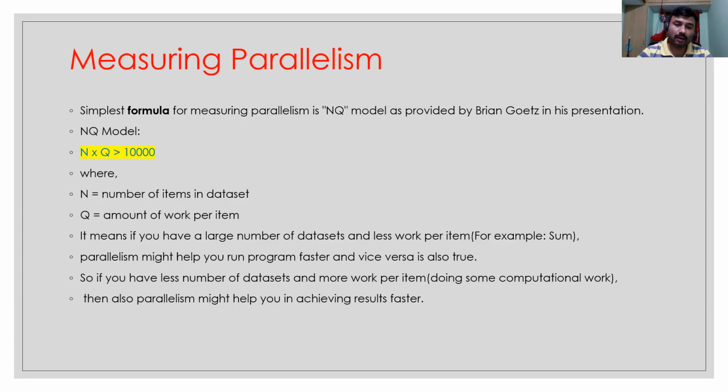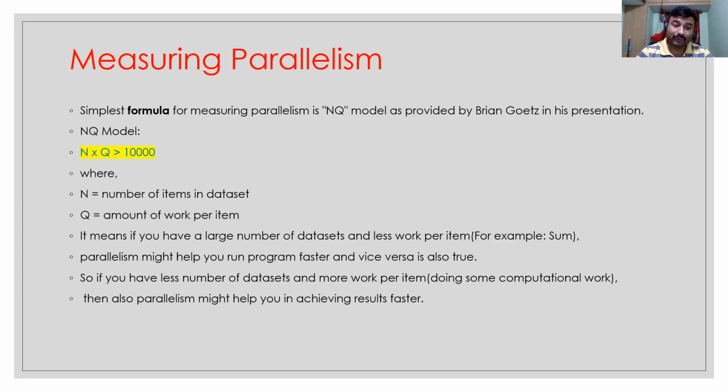It means if you have a large number of data items and little work per item, for example something like an average or a modulo, parallelism might help you run the program faster, and vice versa is also true.